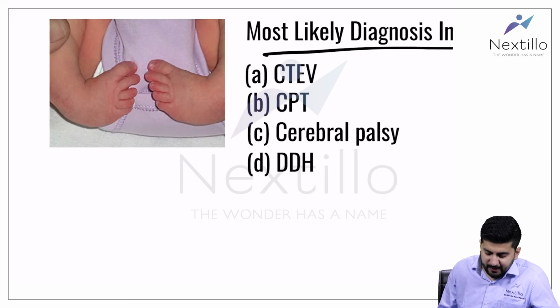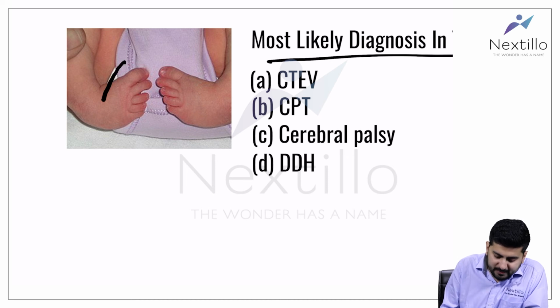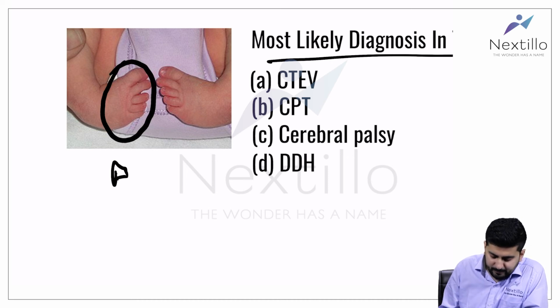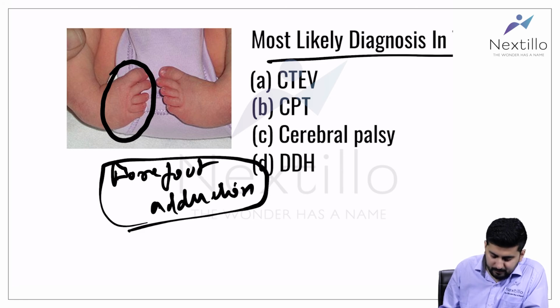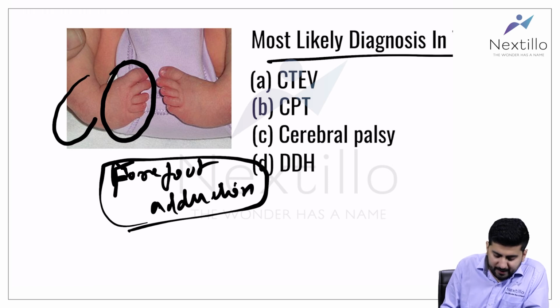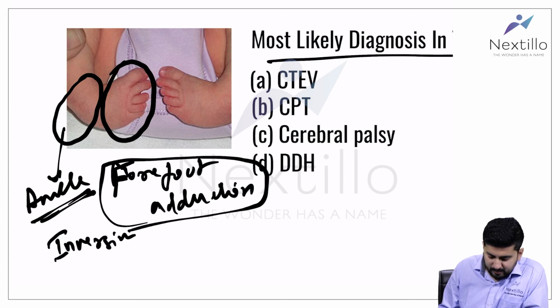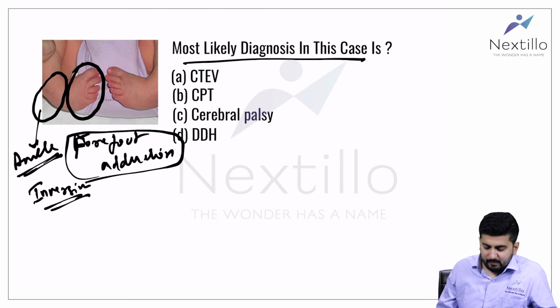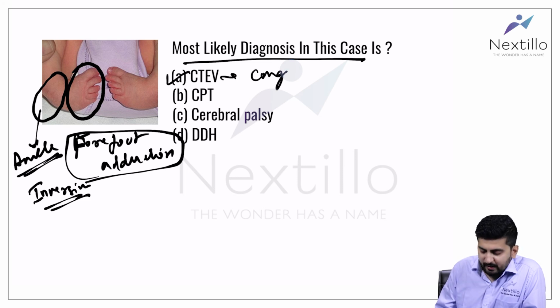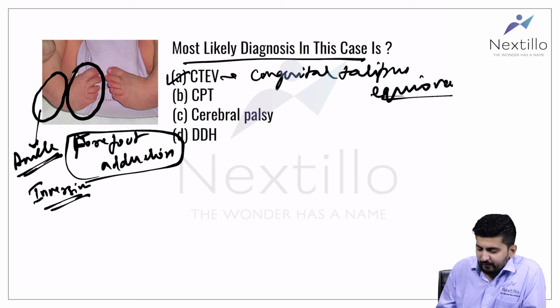Now, if you can see this image, there is adduction of the forefoot, and at the ankle joint there is inversion, and these features are seen in CTEV, that is congenital talipes equinovarus deformity.